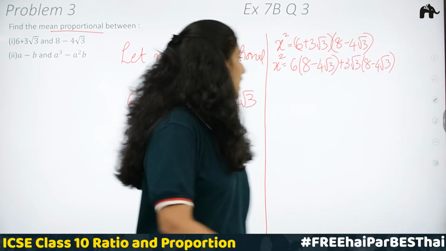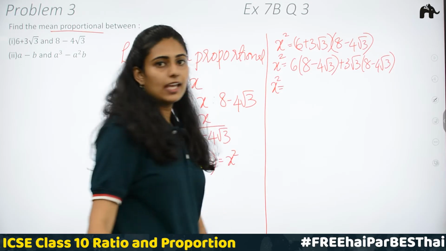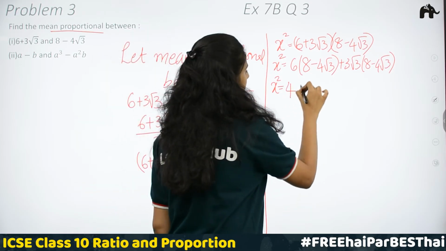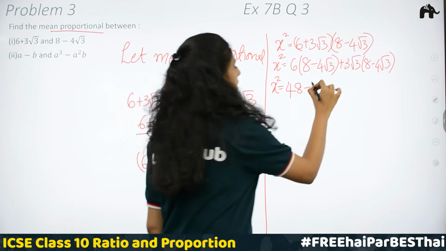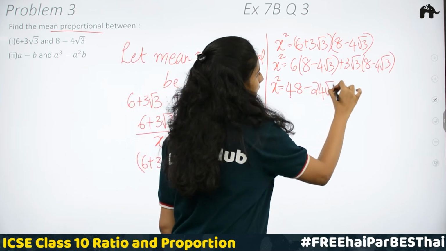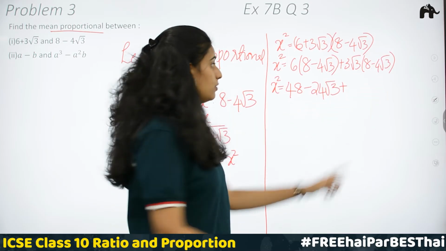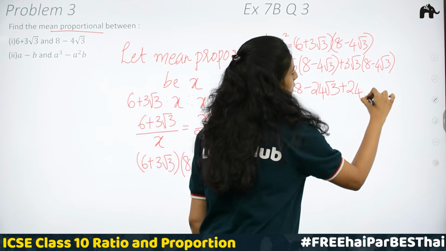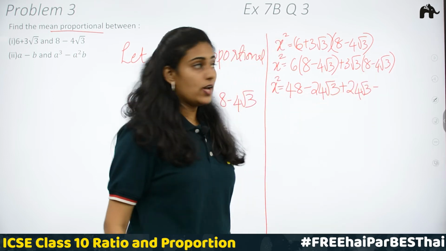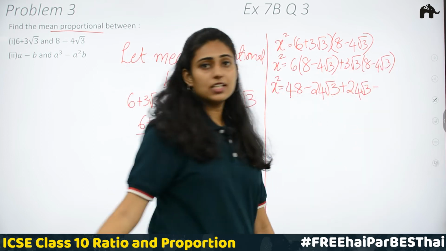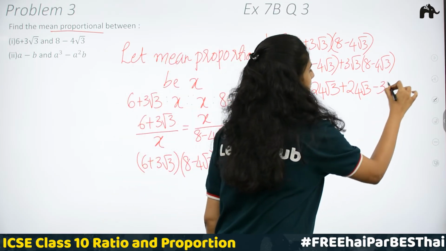Okay. x square is equal to 6 into 8, 48, minus 6 into 4, 24, 24 root 3, plus 3 into 8 is 24, 24 root 3, minus 3 into 4, 12, root 3 into root 3 is 3, 12 into 3, 36, minus 36.